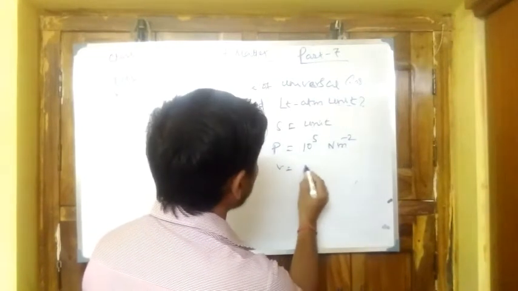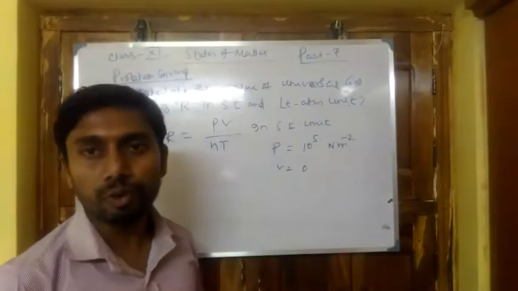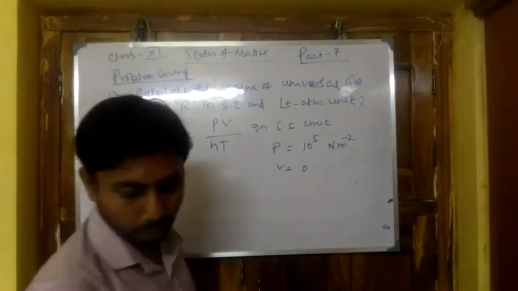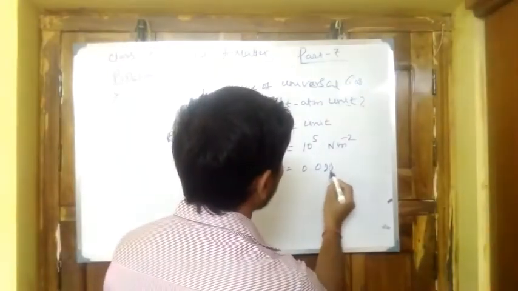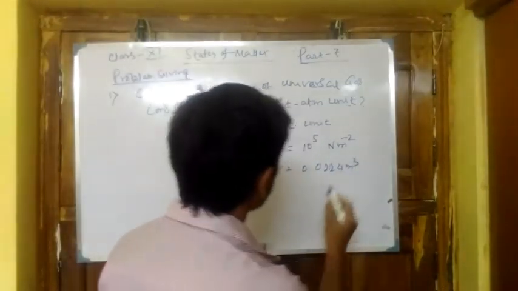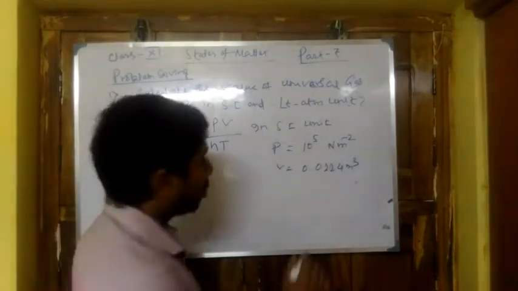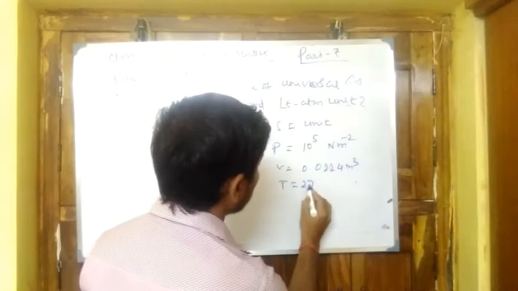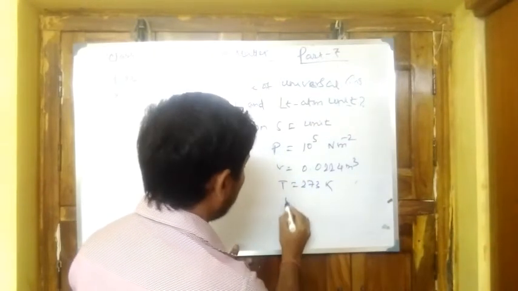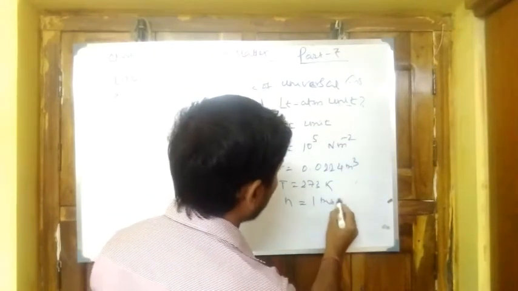V equal to 22.4 divided by 1000, that is equal to 0.0224 meter cube. Then T equal to 273 K and n equal to 1 mole.